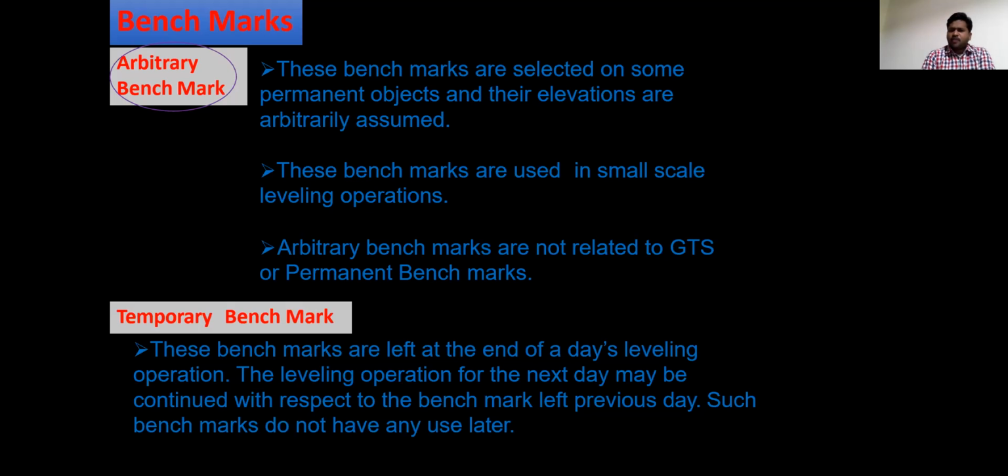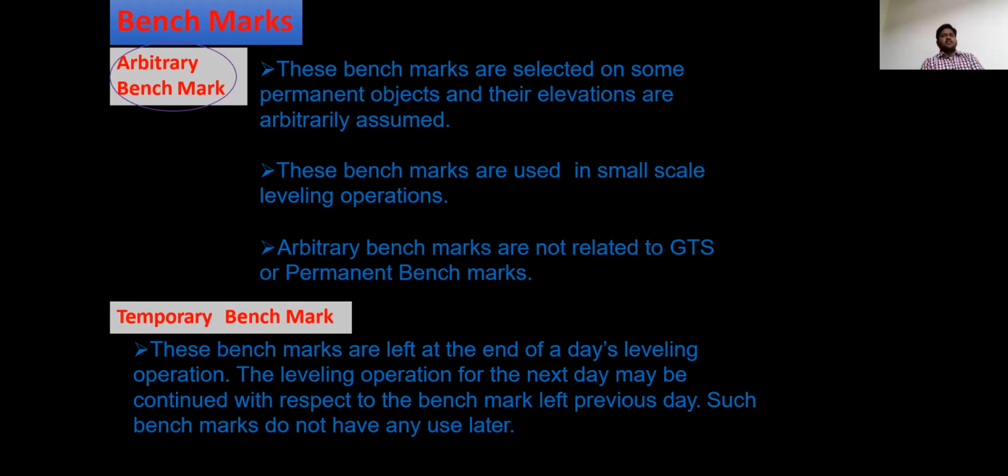This arbitrary benchmark is nothing but any fixed structure, either it may be a building, or a temple, or a tower. With reference to that permanent structure, if you are taking any observations, that permanent structure is treated as an arbitrary benchmark. These benchmarks are used in small scale leveling operations.